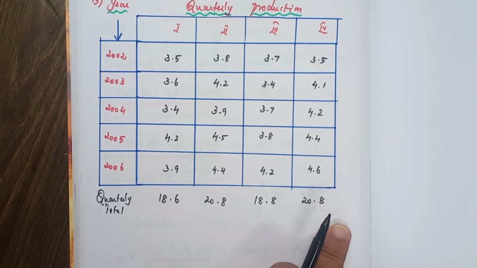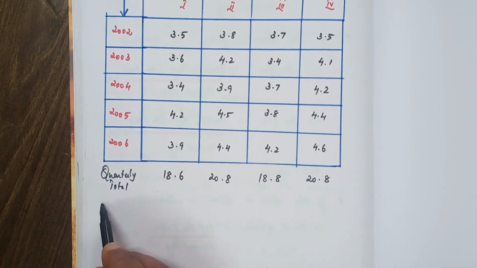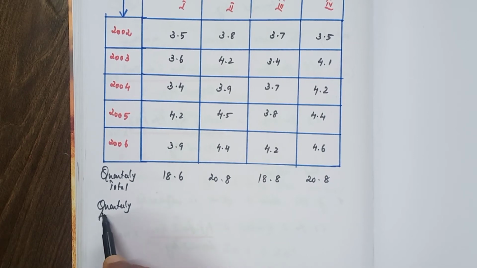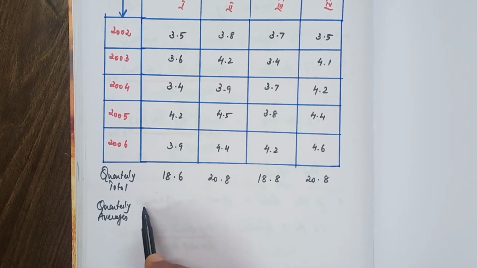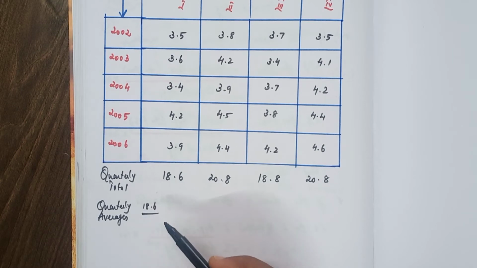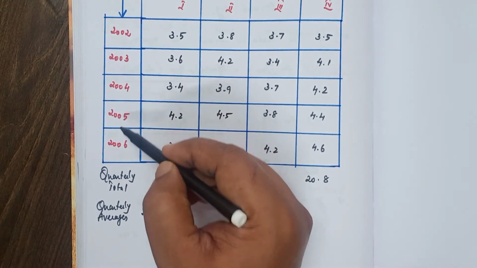Now the quarterly averages. The first total is 18.6, divided by the number of years: 1, 2, 3, 4 and 5.